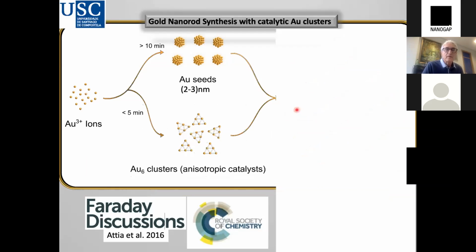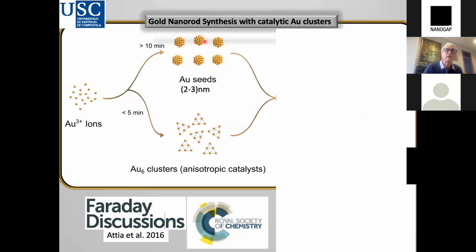So, to explain a little more how this works, you can plan the following experiment. If you wait 10 minutes to form the seeds, and instead of using externally prepared clusters, you make the same reaction but wait less than 5 minutes, according to our idea you form clusters.